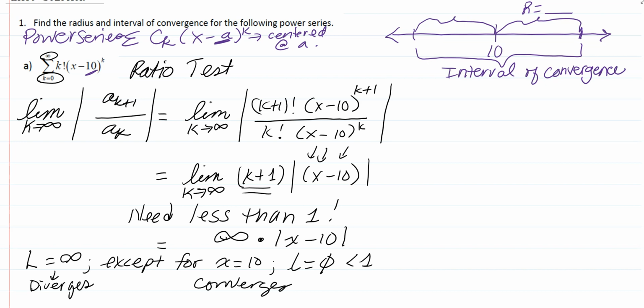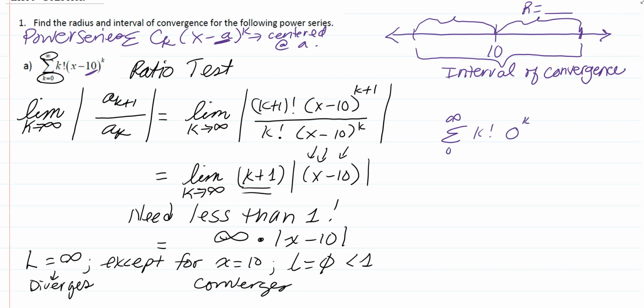If we really want to think about this, we will write out the series when x is equal to 10. When x is equal to 10, your series will be the sum from 0 to infinity of k factorial times 0 to the k.